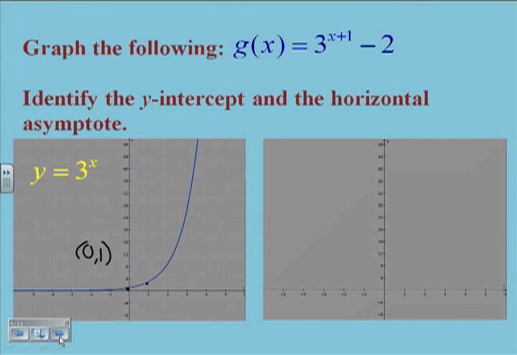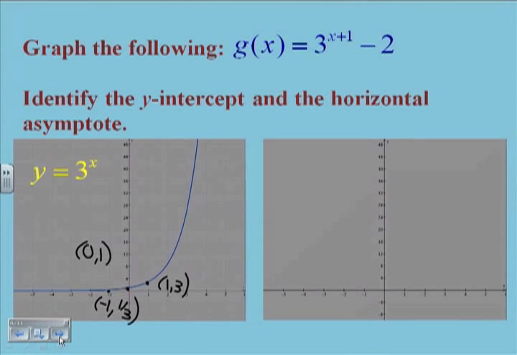You see that I've got the point 1, 3. And if you like, negative 1, 1/3. Sometimes having those 3 points will really help us in moving these graphs. It'll help give us an idea of the growth rate and so forth.